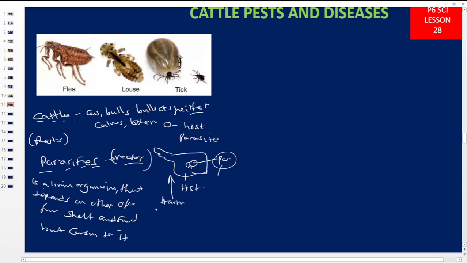The harm can be a disease, discomfort, wounds, or even anemia, because they can depend on the blood as food. As the blood is taken, the animal's blood is reduced, and the animal results into what we call anemia, the condition whereby an animal or an organism is lacking enough blood.